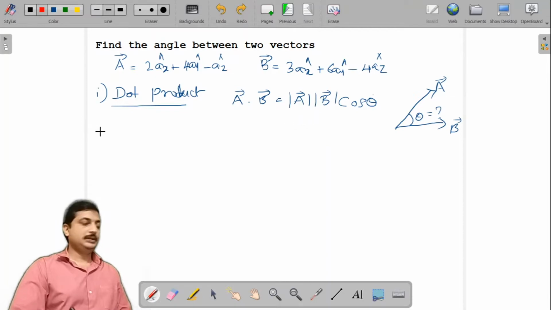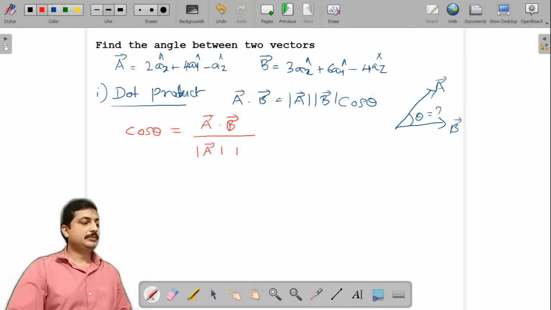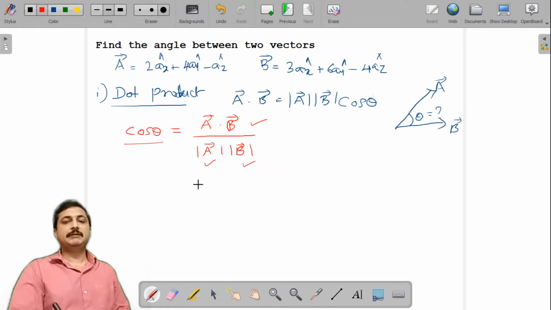From this equation I can easily write cos theta is equal to A vector dot B vector divided by magnitude of A into magnitude of B. Agree? Then I can find A dot B, magnitude of A, and magnitude of B, substitute in this equation, find cos theta, and theta will obviously be cos inverse of that value.